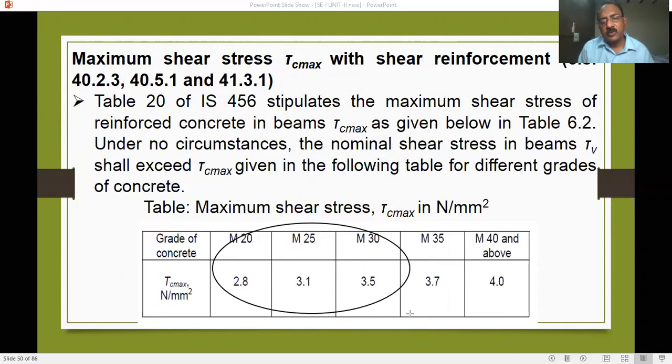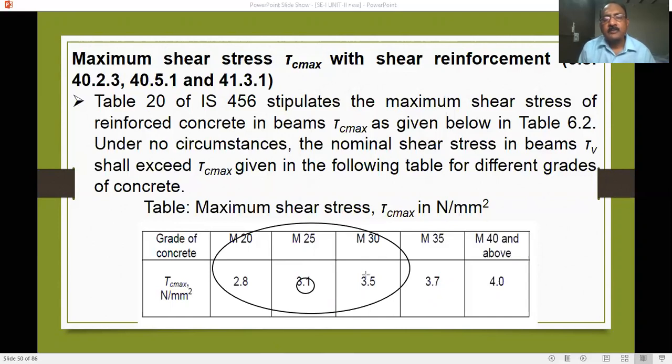You will get two more questions in GATE compulsory, and they will give you percentage of steel, section, grade, everything. Calculate maximum shear stress. Simply, if you remember, you can write directly for M25. Suppose they ask, 3.1. All right, so this is a very important table.